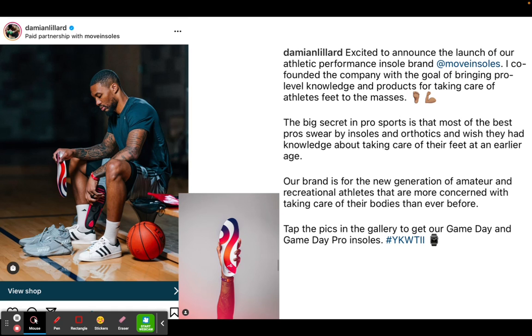That's an argument. It leads to a conclusion of something. Not a lot going on there. It's not super interesting. This is persuasion. He is trying to convince you that not only do these soles work, but they're the best ones around. You need to have them if you're an athlete. He's going to show you with a picture of himself using them, a cool caption with emojis. That is persuasion. That's the difference between the two.